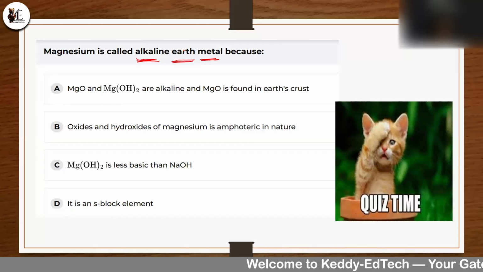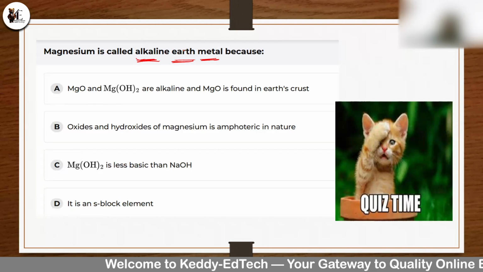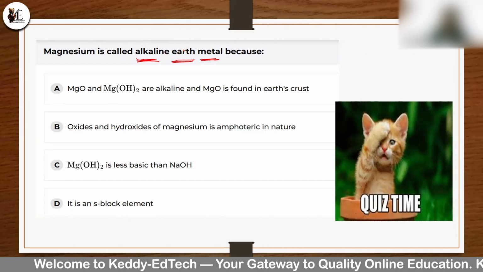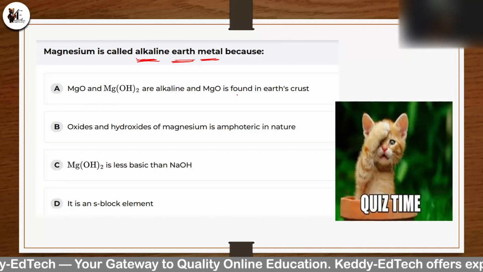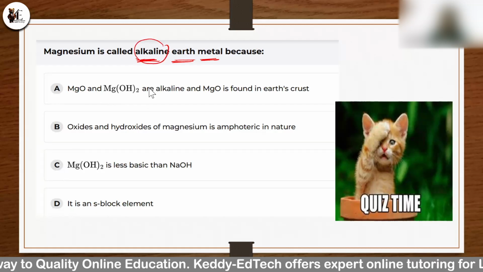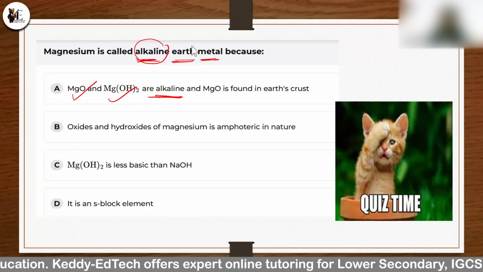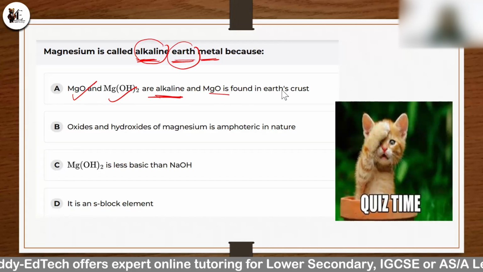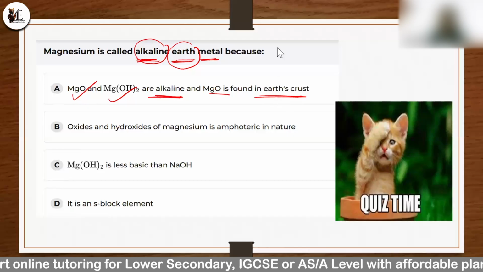Magnesium is called alkaline because its oxides and hydroxides are alkaline in nature, and it is called earth because magnesium oxide is found in the earth's crust.